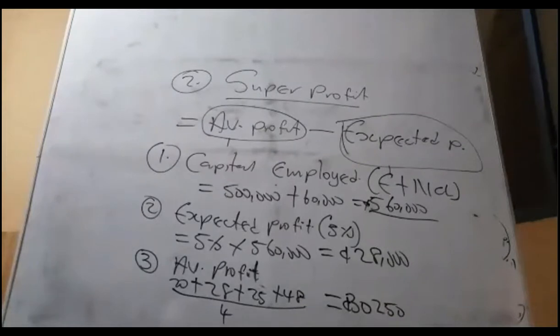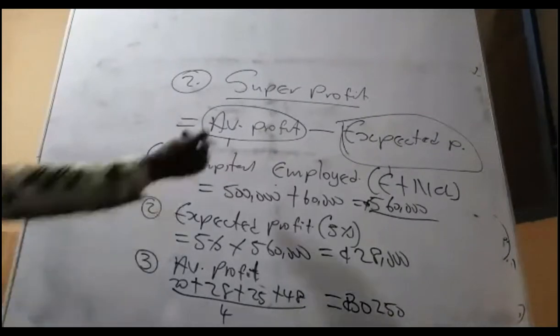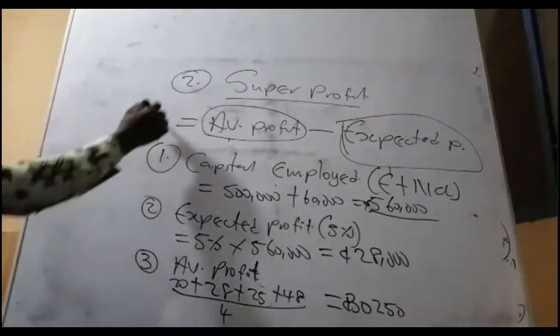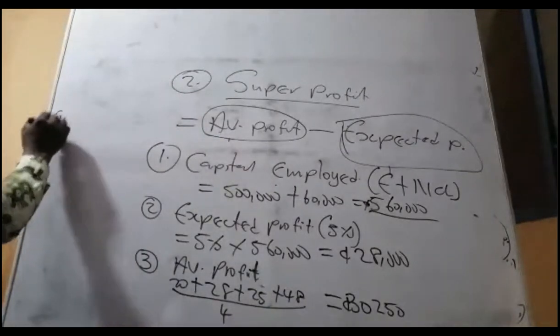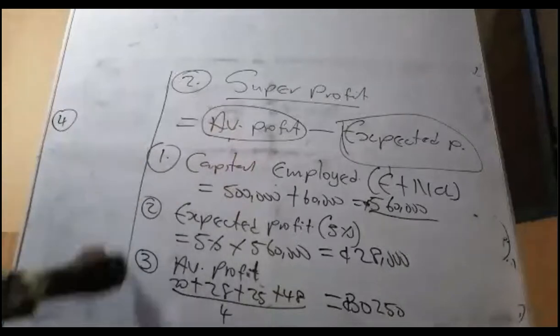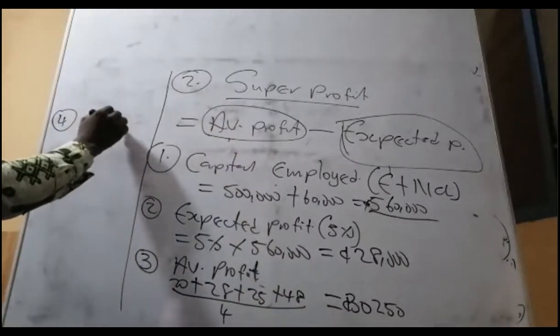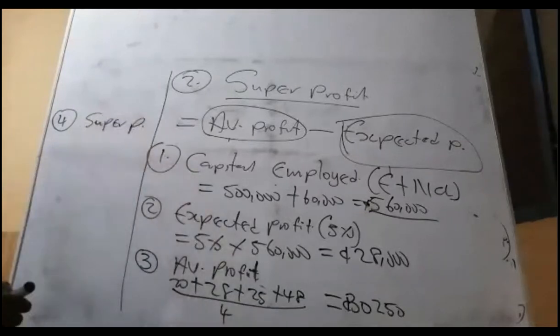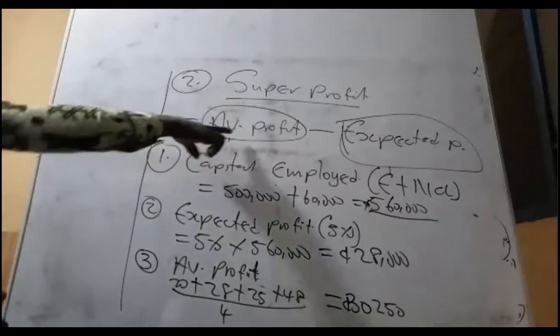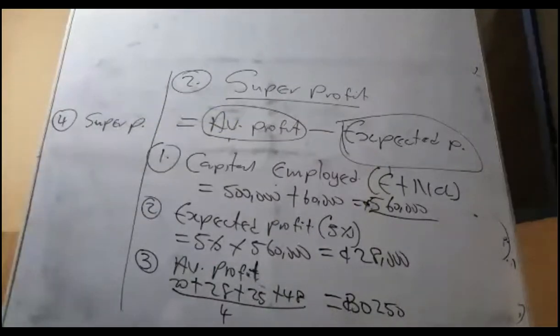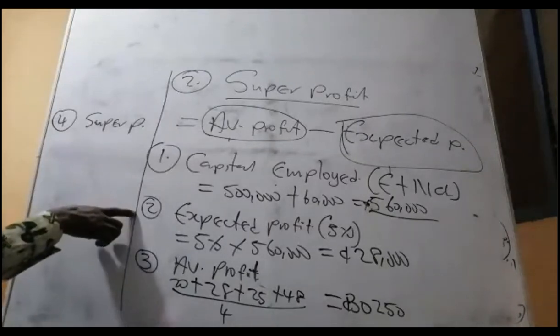Now, step 4 is the super profit, and we know the formula already. Super profit is nothing but the average profit less the expected profit. So here, where is the average profit? Where is the expected profit? It is step 3 minus step 2.